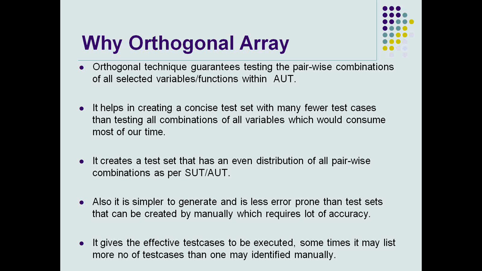It also creates a test set that has an even distribution of pairwise combinations, as per the system under test or application under test. So it is similar to generate and is less error prone, compared to test sets generated manually, which require certain accuracy.